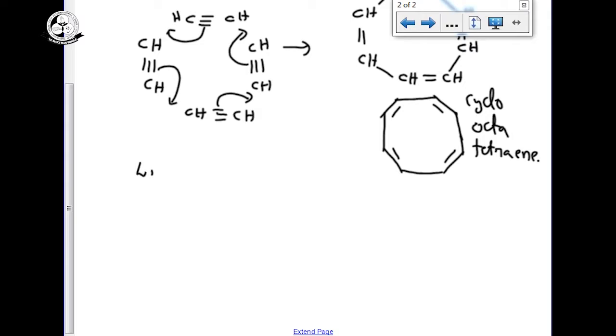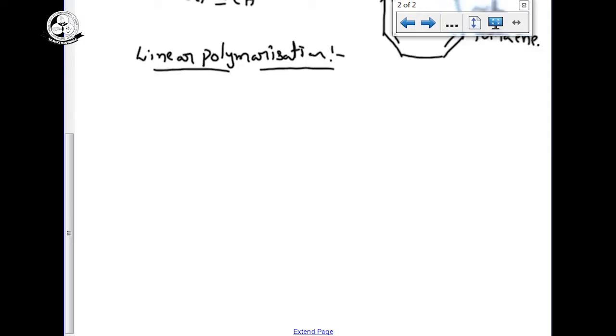Linear polymerization. So when the acetylene is passing through the cuprous chloride solution, then we can get linear polymerization.